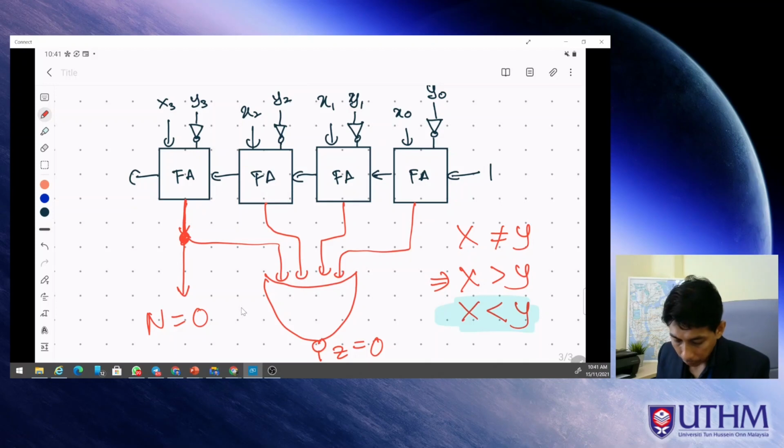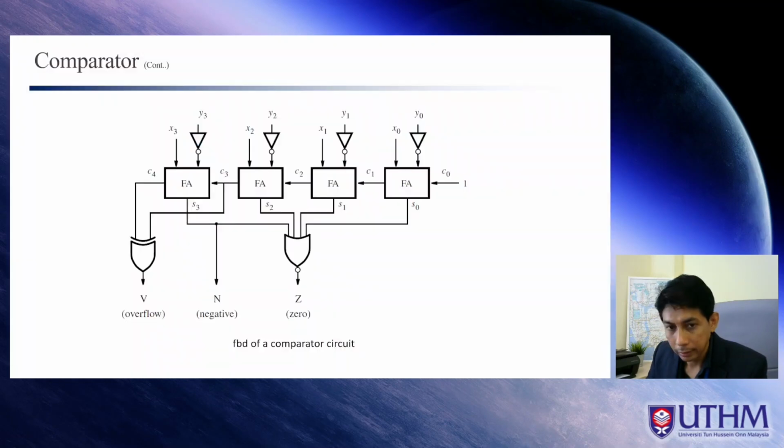If n equal to 1, the result is negative, which means x less than y. Okay, so we have this circuit. This is n, and we have another one.